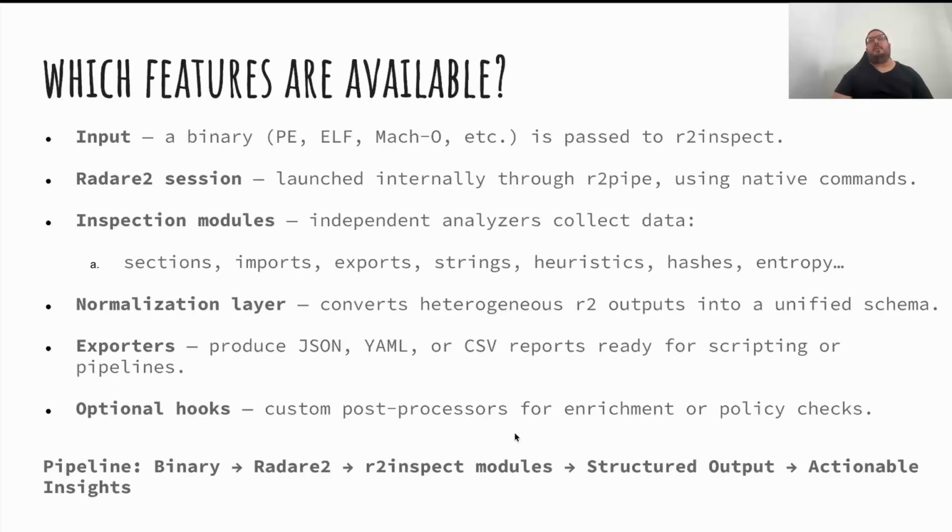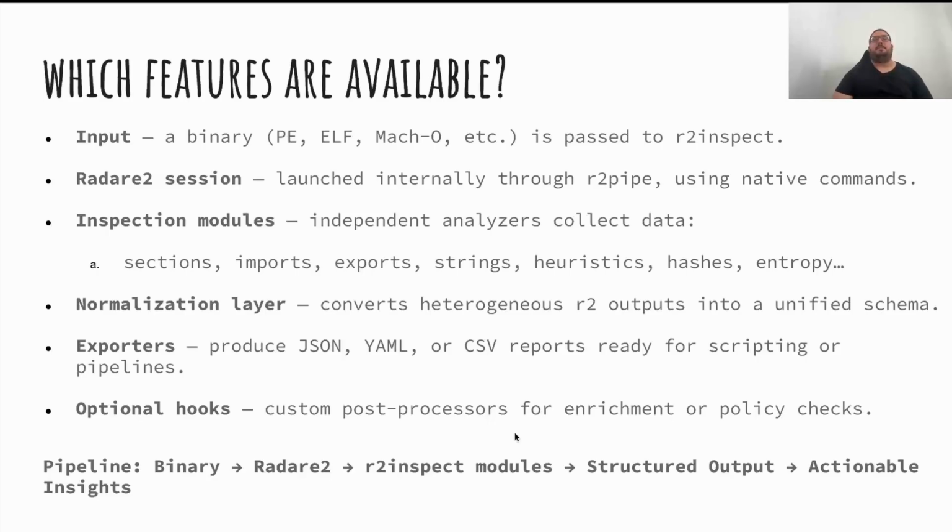We have what we call inspection modules, which are independent analyzers that collect the data using R2Pipe and native Radare2 commands, extracting the sections, imports, exports, strings, heuristics, hashes, entropy, and multiple other things. Then they normalize the output, applying a normalization layer that converts heterogeneous Radare2 outputs into a unified schema.